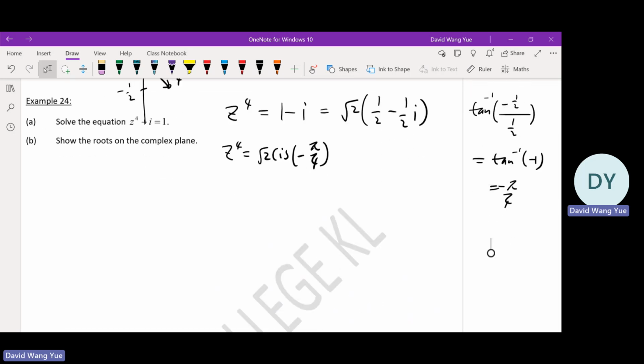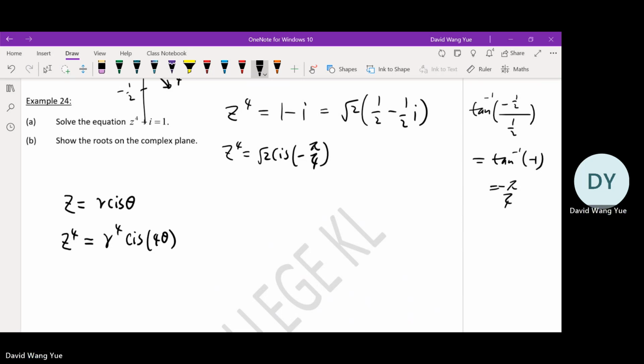Due to de Moivre's theorem, if z is r cis theta, then z^4 should be r^4 cis 4 theta. So the argument is times 4, the modulus to the power 4. If that's the case, r^4 is root 2, that is 2 to the power of half.